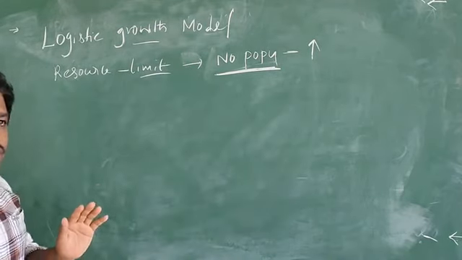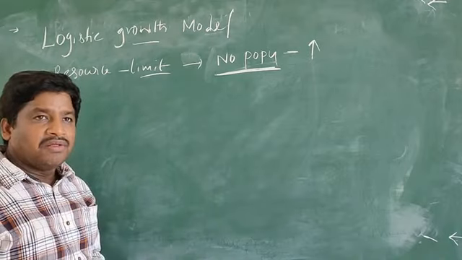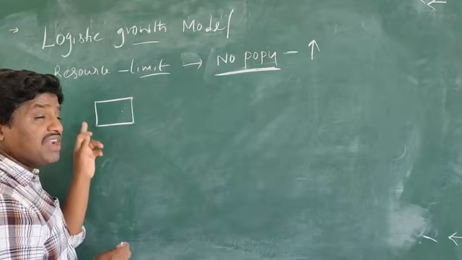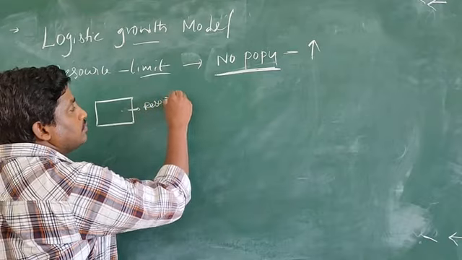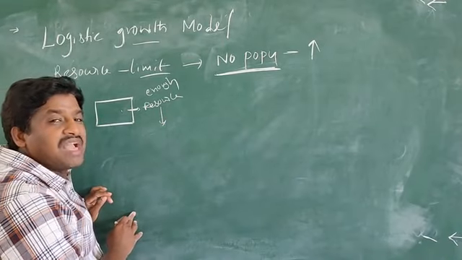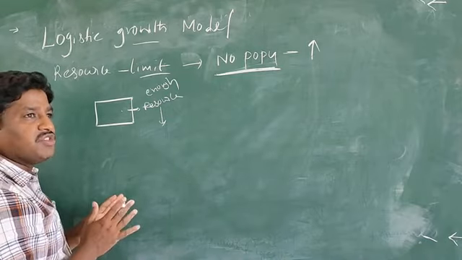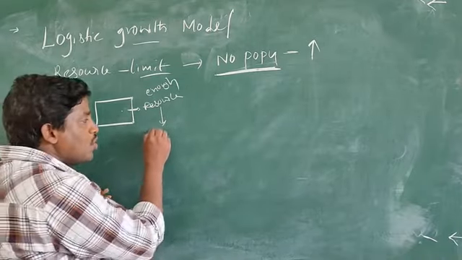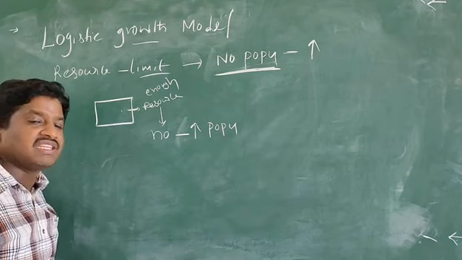Next point: in nature, a given habitat has enough resources to support only a maximum number of individuals, beyond which there is no further increase in the population.